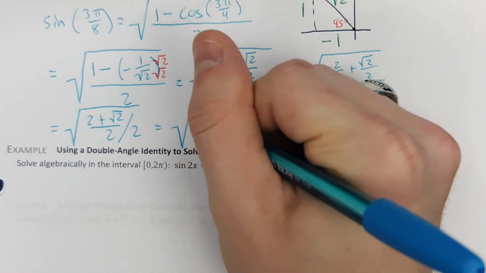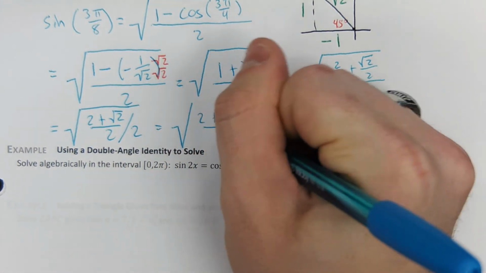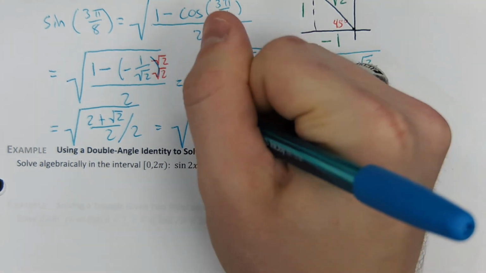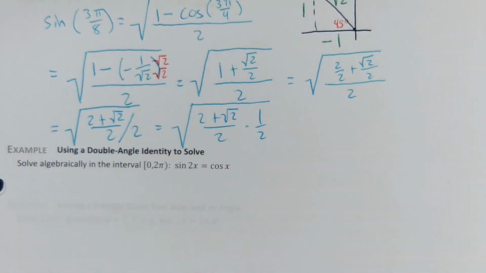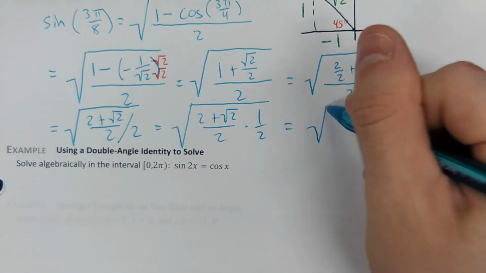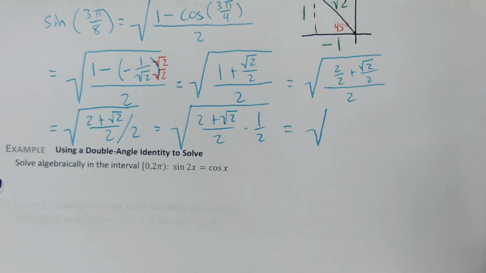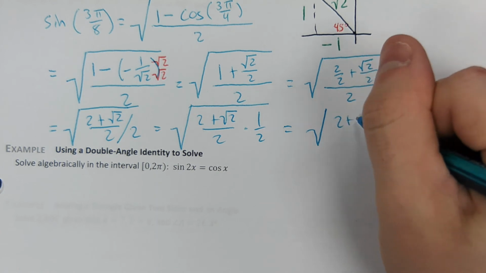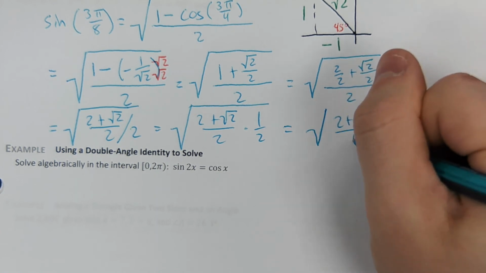So inside this radical, I have 2 plus root 2 over 2 times 1/2. So the final simplified fraction result is the square root of 2 plus root 2 over 4.